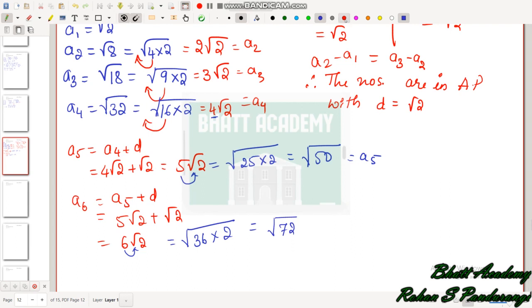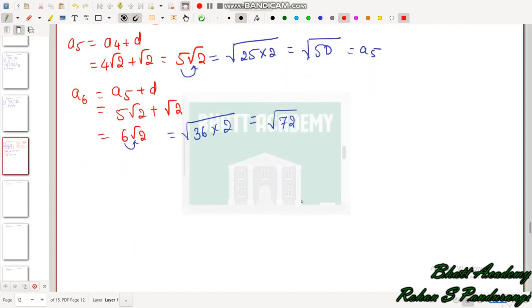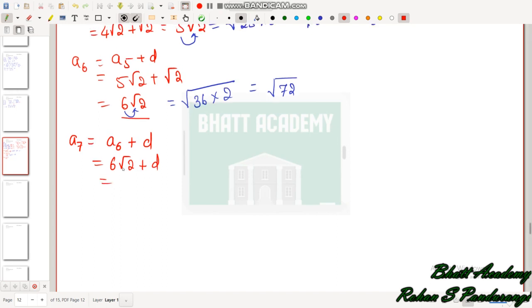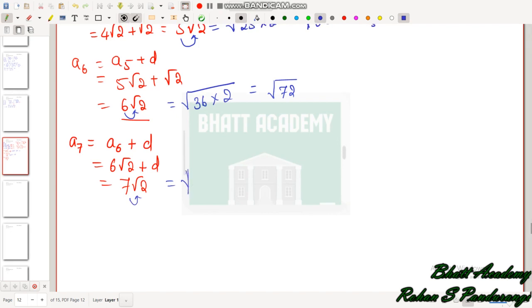Next we are finding the a7 value. So a6 is known, a7 will come out to be a6 plus d, that is 6√2 plus d, so that is 7√2. So again, for 7 to go inside, it should be squared and multiplied with 2.